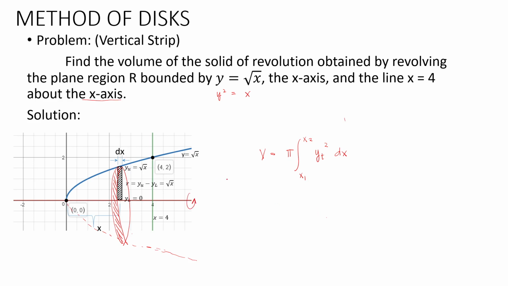Again, it's about the x-axis. By now you can directly solve this using your calculator. From 0 to 4, that would be the x range, and then this is square root of x, squared, dx.